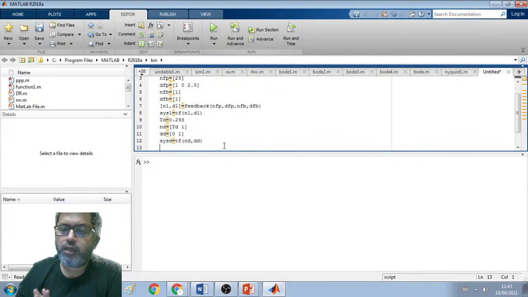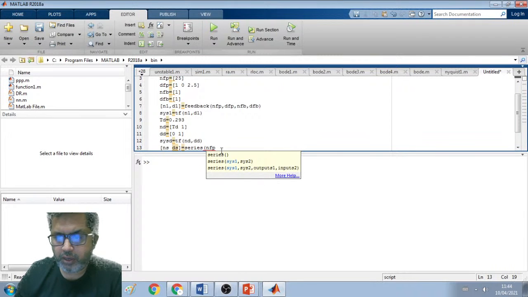So now this derivative controller is in series with the system transfer forward gain. So I will say ns space ds is equal to series forward gain nfp, that means numerator of forward gain comma denominator of forward gain comma numerator of derivative controller comma denominator of derivative controller.